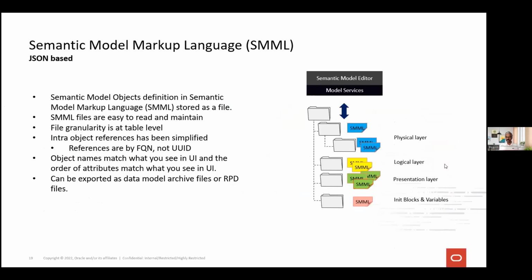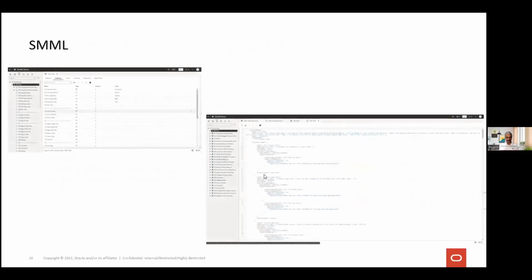In the physical layer, it's the physical table level. In the logical layer, it's at the logical table level, and in the presentation layer, it's at the presentation table level, right? And the references have been simplified to use fully qualified names, and object names match what you see in the UI. We'll see all of that in the demo, right?